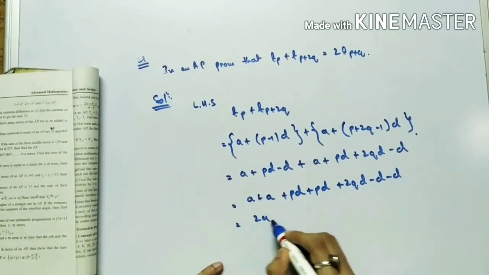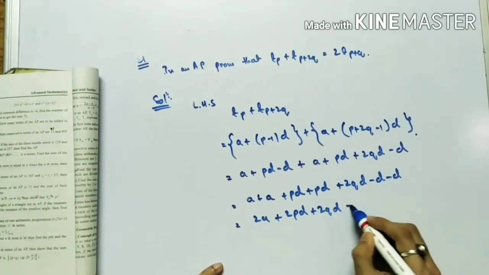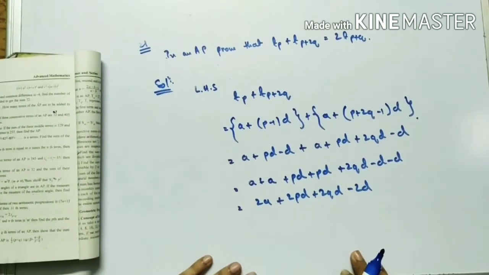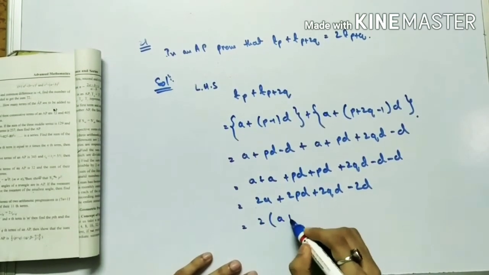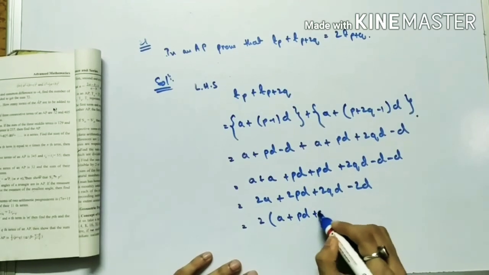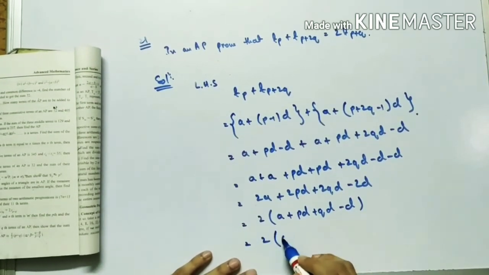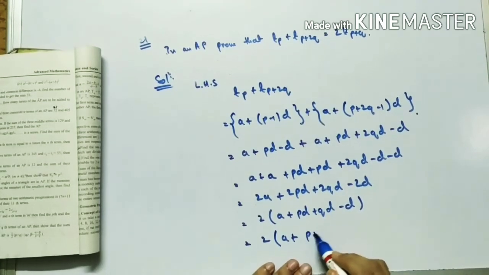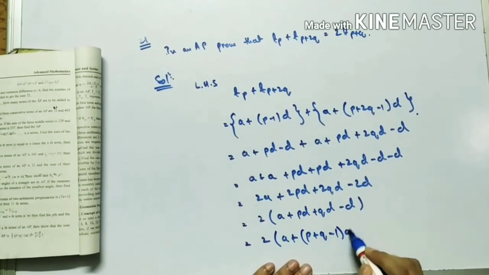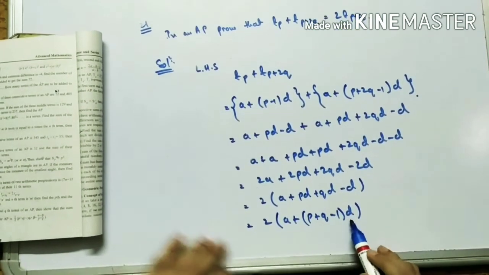So this is equal to twice a plus twice pd plus twice qd minus twice d. So now from here, if I take 2 common, I will get a plus pd plus qd minus d. So twice a plus, from here I will get (p plus q minus 1) d, d common I will take, from pd plus qd minus d.